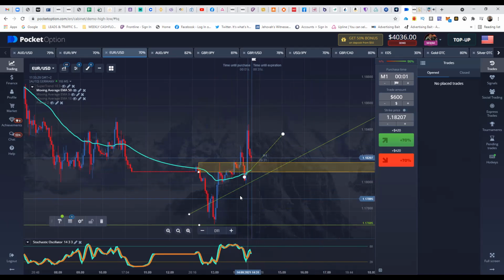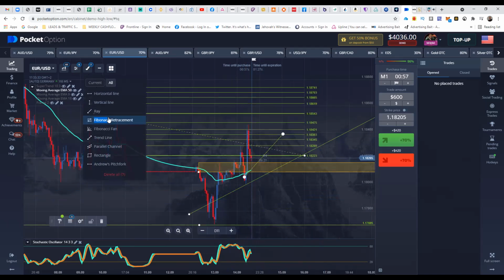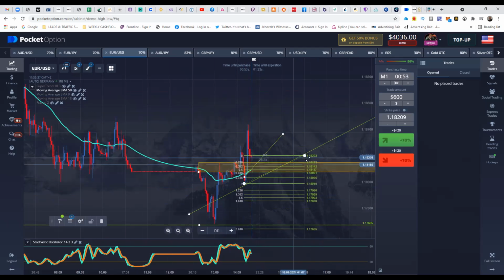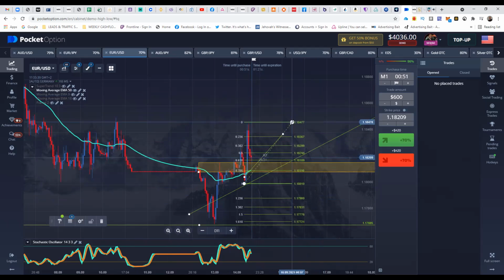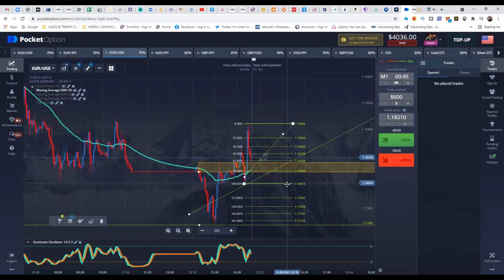So then I take the Fibonacci again if I want. And price still lines up with the 61.80 area.